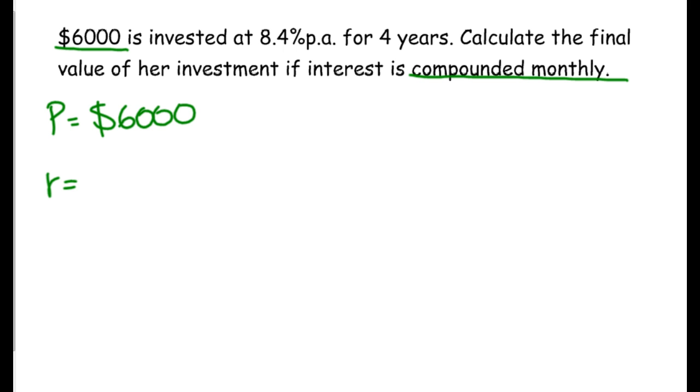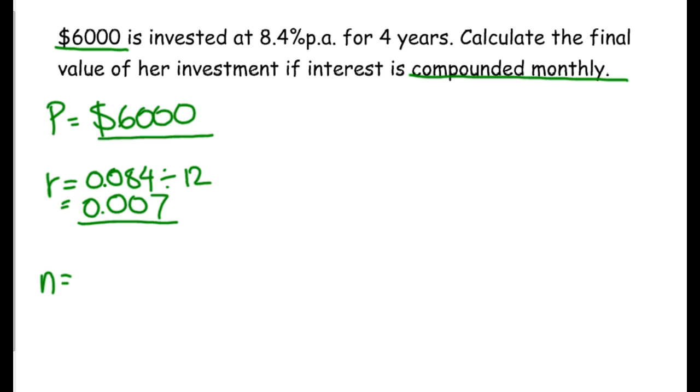So, my rate is 0.084 at the moment, but I need to change it to per month, so I'm going to divide by 12. If it was per 6 months, then I just have to divide by 2, but with this one here, it's by 12, that gives me 0.007, so that's what I'm going to use.